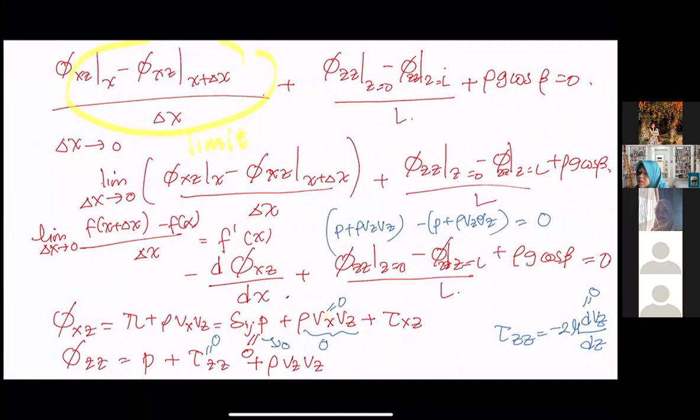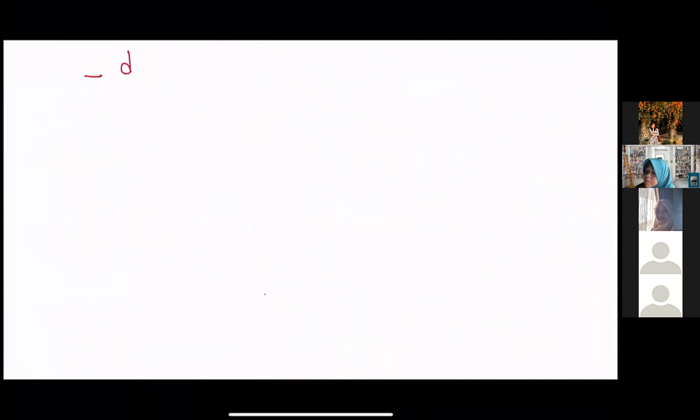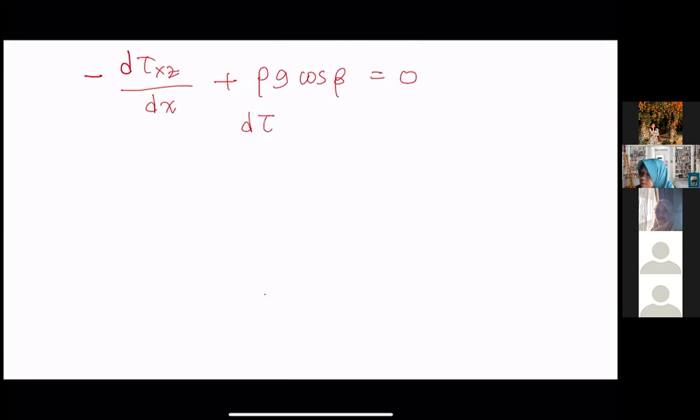Okay, with this we can simplify, that becomes d tau xz over dx, plus rho g cos beta equal to 0. Or if you want to put it on the other side, we can just multiply both sides with a positive and rearrange that one over the other.